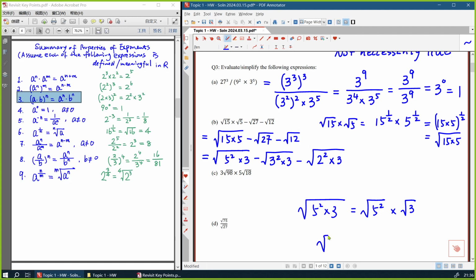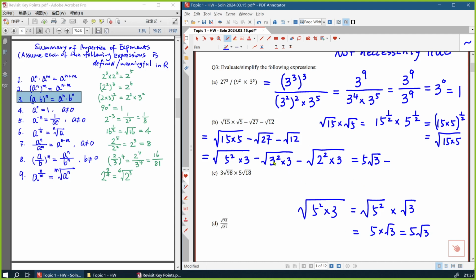Therefore, when you want to find the nth square root of a number a raised to the power of n, that actually equals a, right? So this will give you 5 times square root of 3, which is 5 square root of 3. So that equals 5 square root of 3.